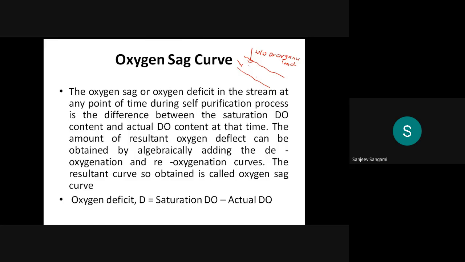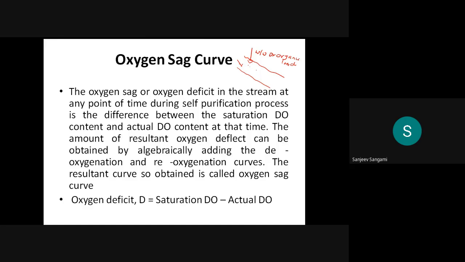This dissolved oxygen sometimes may increase, or sometimes it may decrease up to some extent, and after that it will increase or decrease. It is based on many factors, like the currents we already discussed, sunlight, and the characteristics of the wastewater we are releasing.